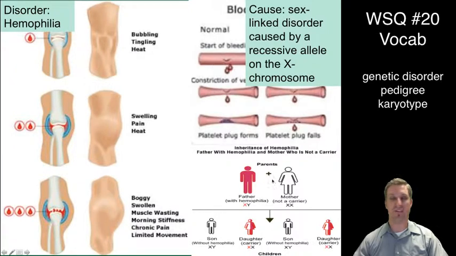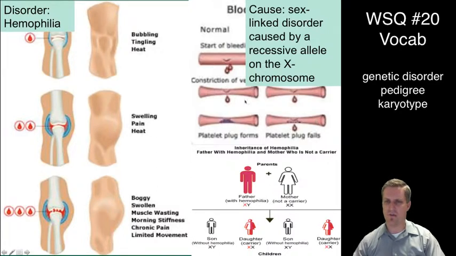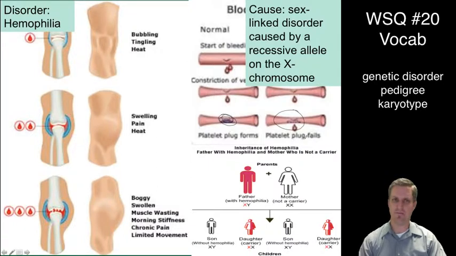A lot of times we'll see this because it's X-linked. The males will demonstrate this a lot in hemophiliacs. And in this drawing you can't see very well, but basically in a normal person, when you start to bleed, you'll have a platelet plug that forms that actually blocks that particular vein or artery off. In hemophiliacs, the plug never actually forms, and so you end up having just a continuous bleed.